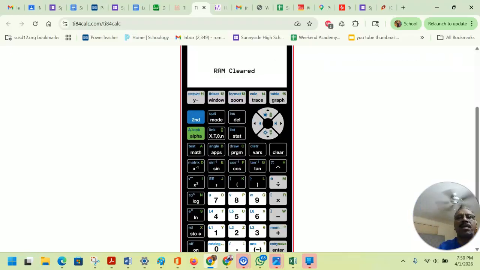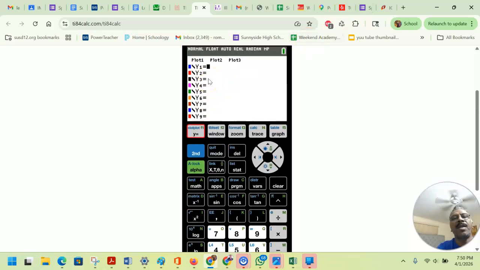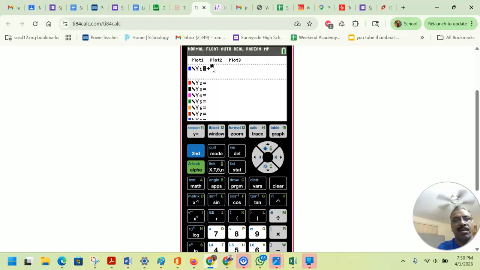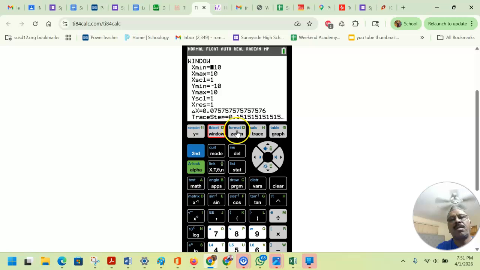I can click on y first and then type in x cubed, x raised to the power 3, and minus 4. Then we can click on the window for the standard zoom.